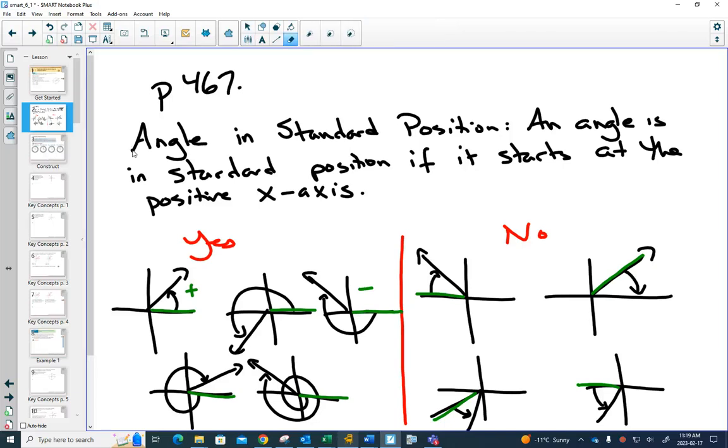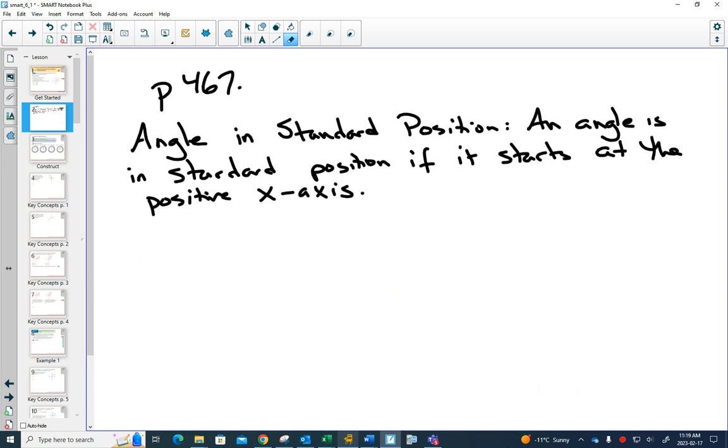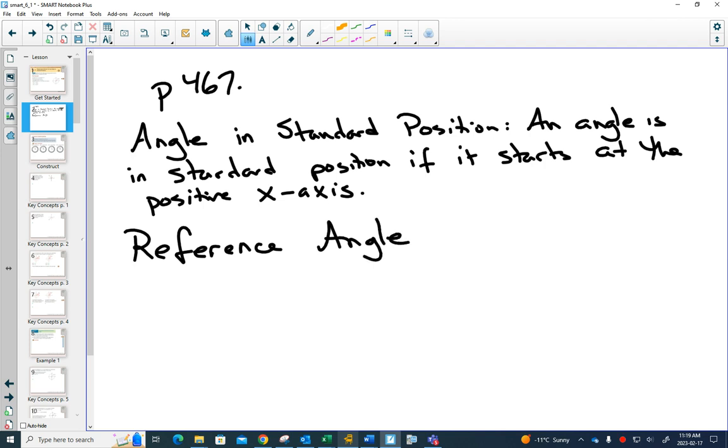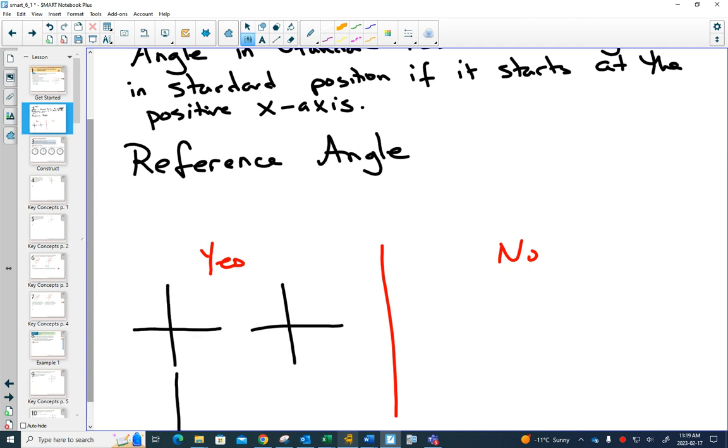Definition number 2, also from grade 11: what is a reference angle? Again, I'll do a visual, some that are yes, some that are no. You don't have to draw these down, but they're just to help you see things.